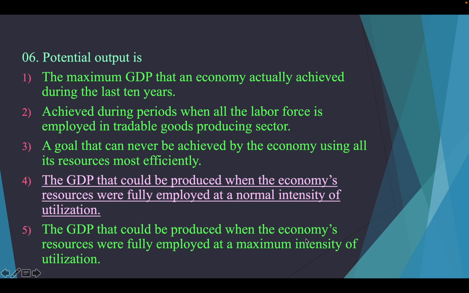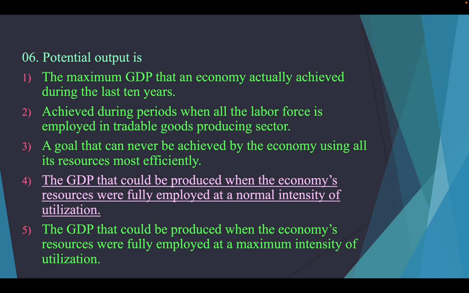On the PPC, we use the production factors and produce a goods and services bundle. That is the GDP, gross domestic product. So, normal intensity rate and maximum intensity rate. We know the concept of sustainable development. Sustainable development means we produce goods and services bundles, but we have to reserve the factors of production for future generations.